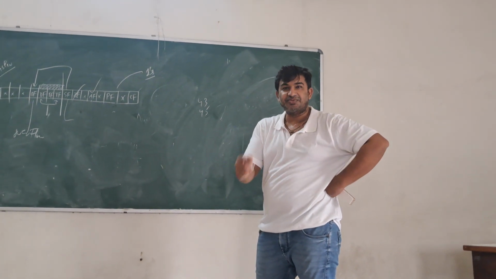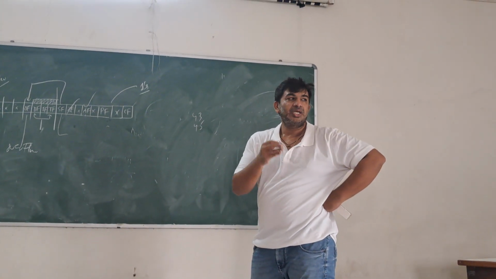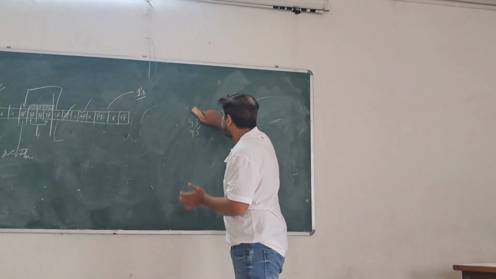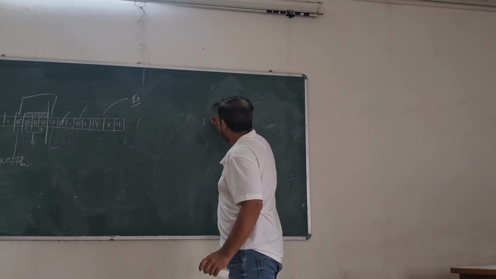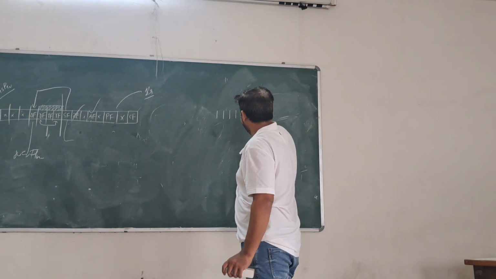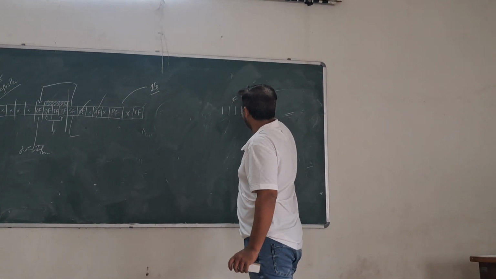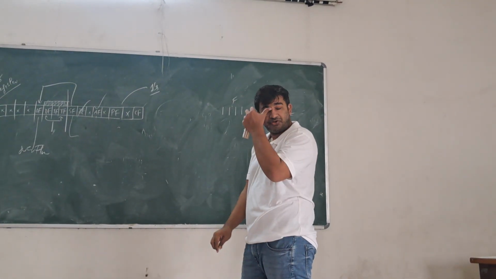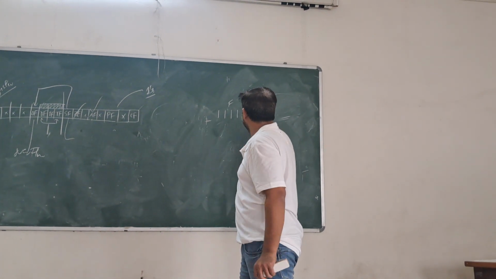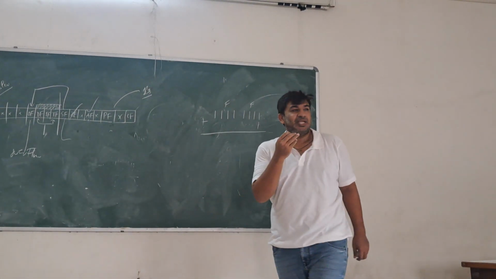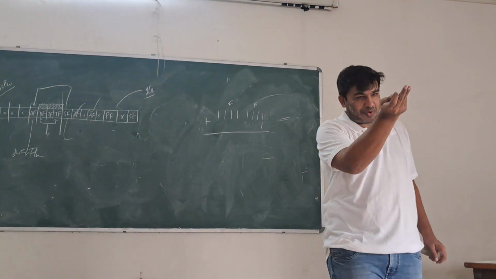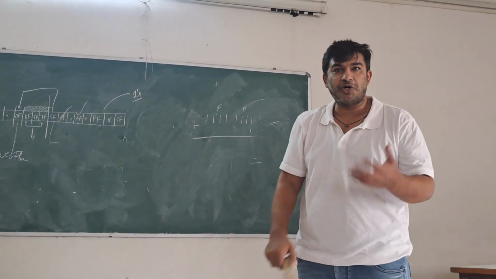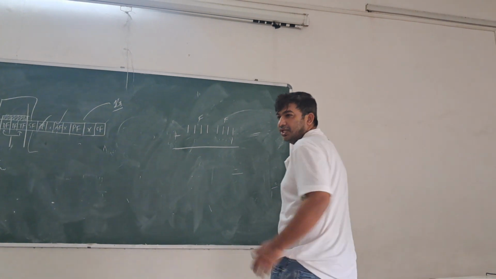Yes, so the addition must be positive. If I am adding two positive numbers, forget it. If 1 1 1 1 1 1 1 1, this is F, this is F. Positive number. I am adding plus 1. If I am adding a positive number to my positive number, what answer will I get? Positive number, but obvious. Yes?